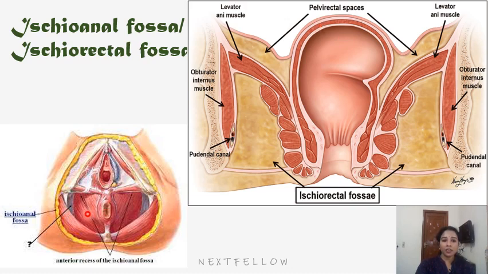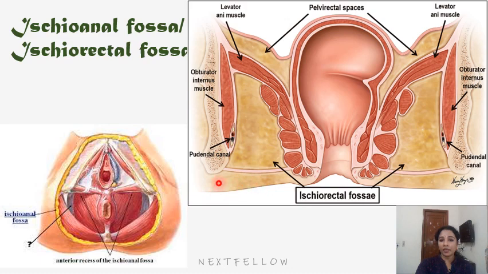Here is the anal canal; posteriorly, this is the right ischiorectal fossa, this is the left. Both communicate with each other posterior to the anal canal. This space mainly helps in the dilatation of the rectum and anal canal during defecation, that is, during passage of flatus and feces. The base of the fossa is lined by the skin.